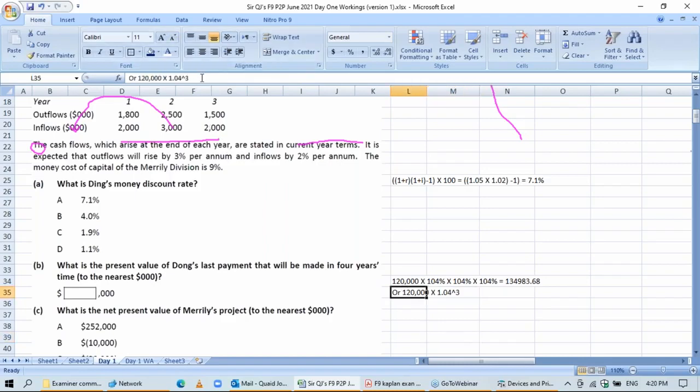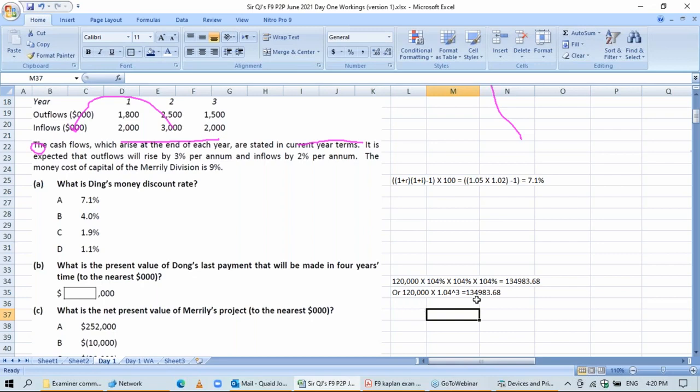This means we have multiplied 120,000 3 times. So this gives you 134,983.68.